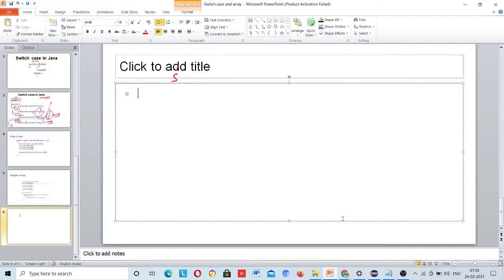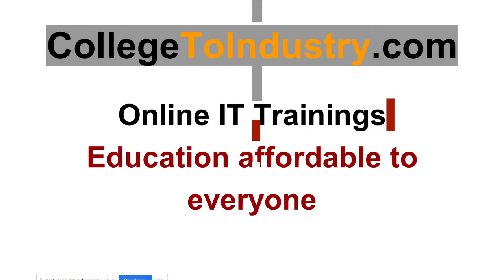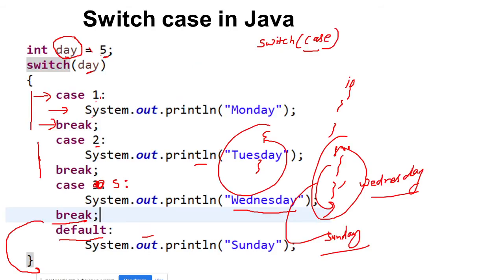Anyone of you, please unmute yourself and tell me the output of what I am writing over here. See, I am writing here integer day is equal to 5, let me write 2.